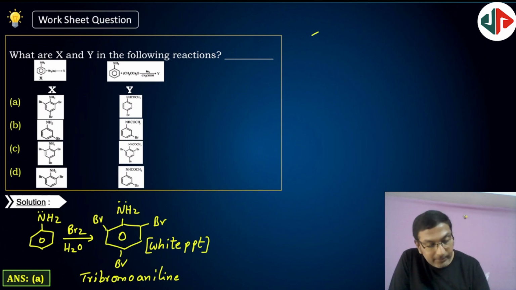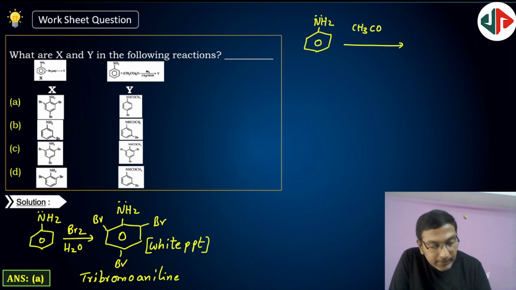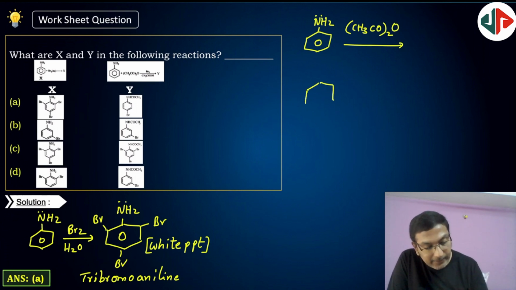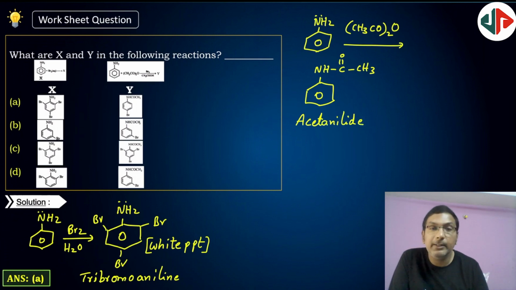I am writing here second reaction. First aniline. Next acetic anhydride, CH3CO twice O. Acetic anhydride means acetylation takes place. Acetylation. That means NHCOCH3, acetanilide.